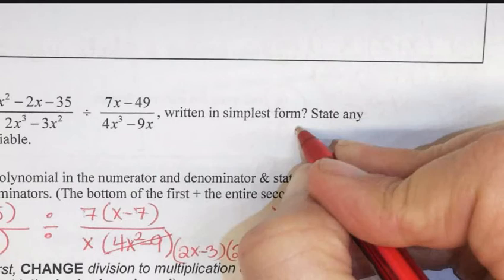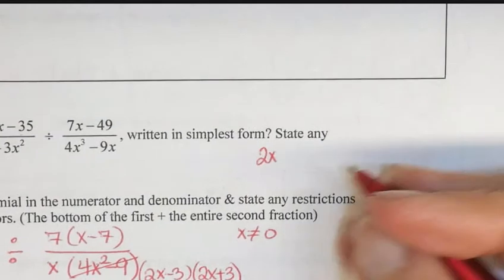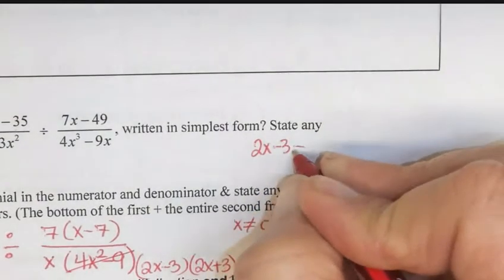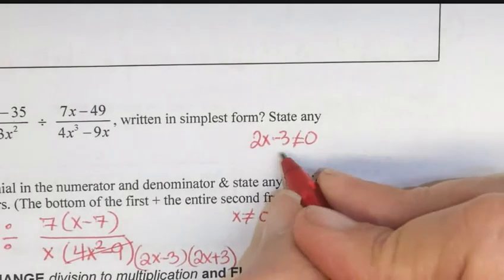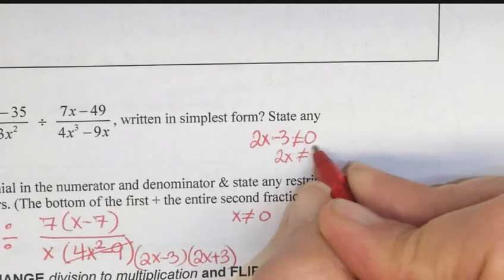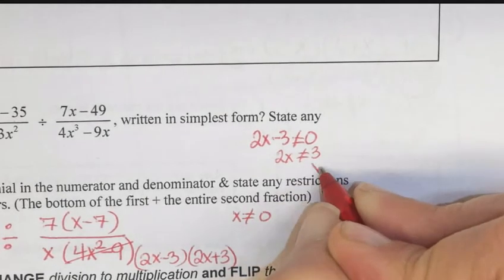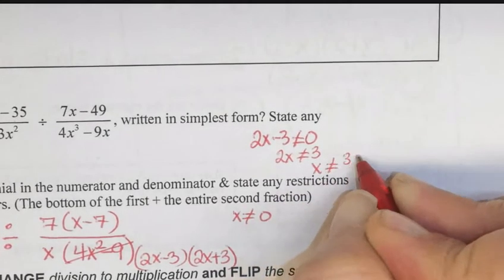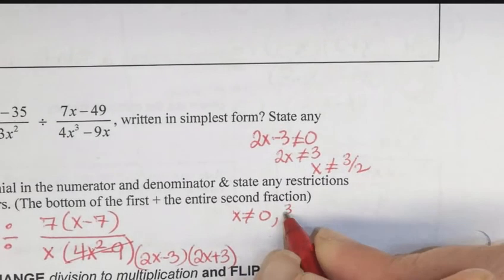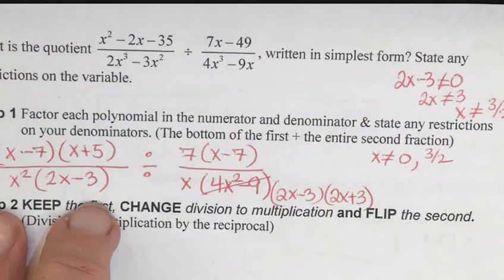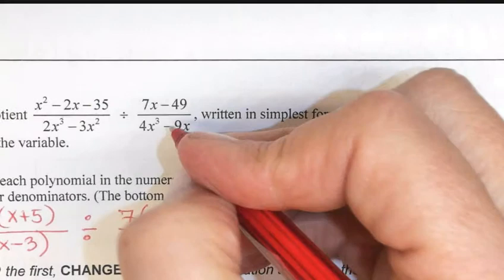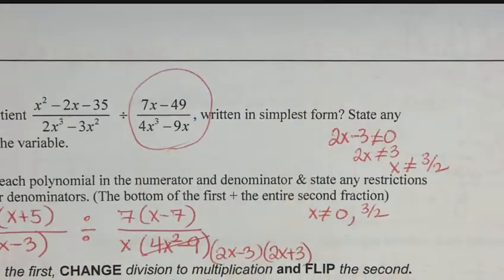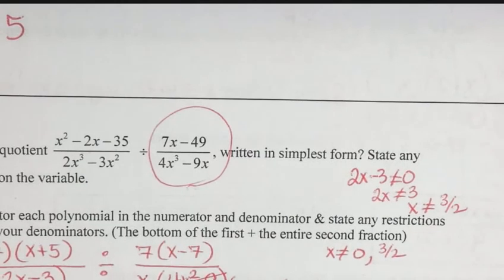So if 2x minus 3 is not allowed to be 0, because that's one of my restrictions, add the 3 and divide by 2. So 3/2 needs to join the list. That takes care of these 2 restrictions. The problem with division of fractions is, guess what? This whole second fraction is my denominator.